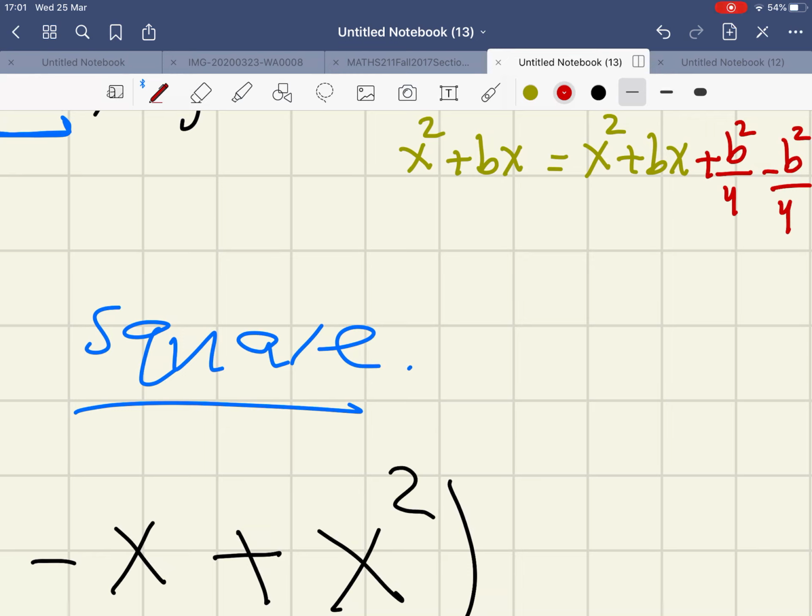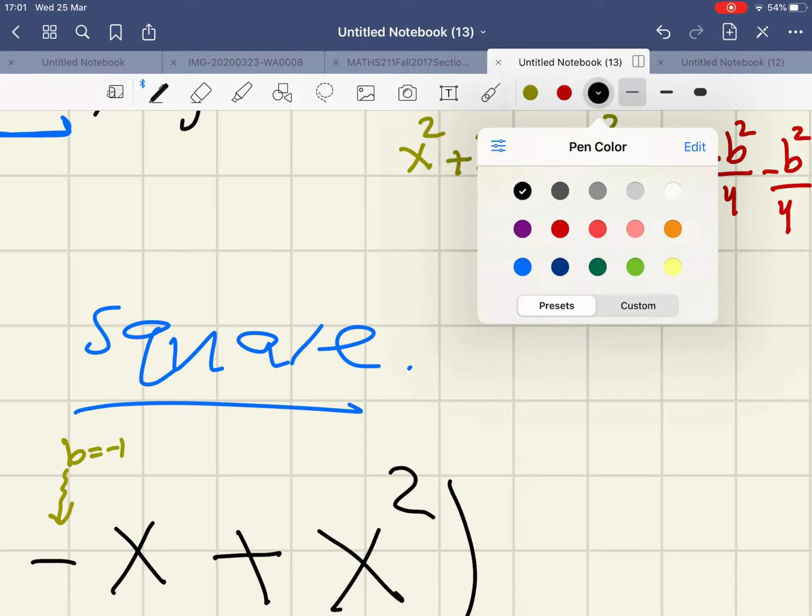So let's compare. How much b in my example here? Can you tell me how much b? This is b, which is negative 1. So I need you to add plus negative 1 squared over 4 minus 1 squared over 4. Why do you do this?